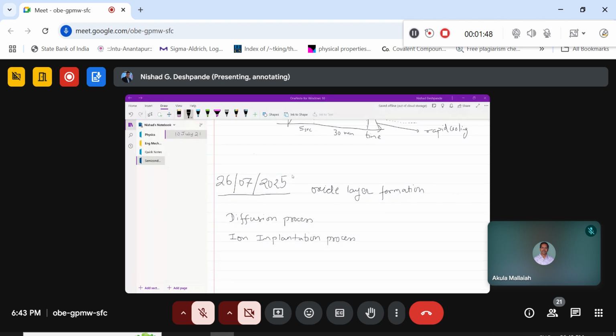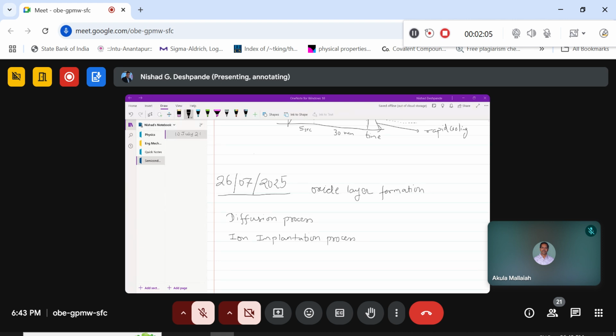And in thermal oxidation processes, we discussed two important oxidation processes. One is the dry oxidation, the other one is the wet oxidation. We were discussing how these two oxidations are important for getting a controlled growth of silicon dioxide on silicon.